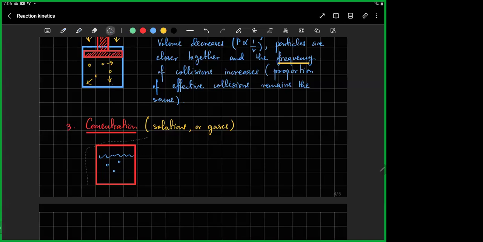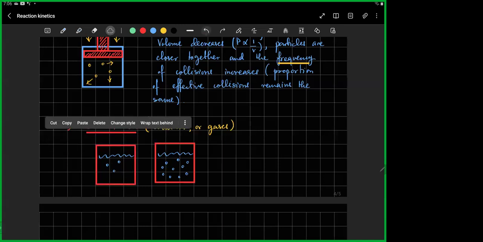And then there's another solution which is more concentrated. The more concentrated the solution is, it's going to have more particles. They'll be closer to each other. The one that is dilute, the particles would be far away from each other.